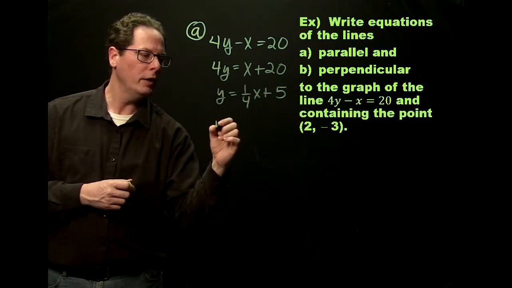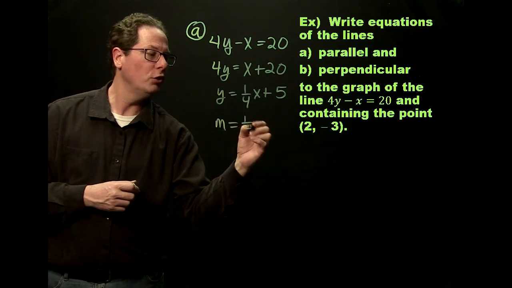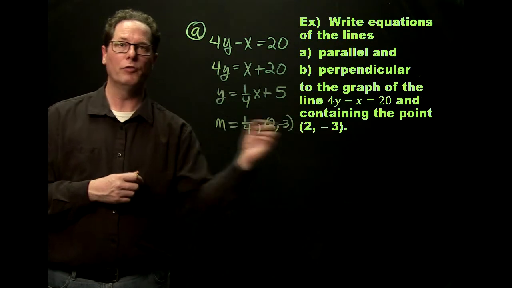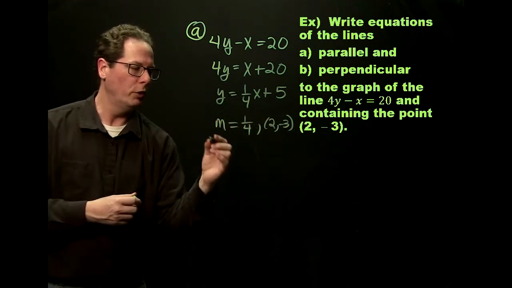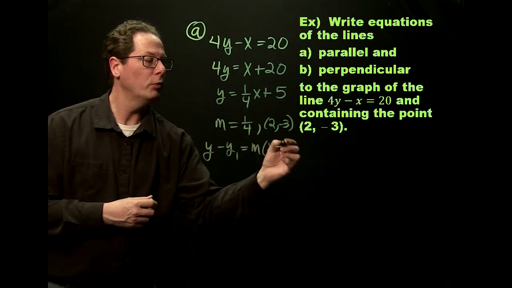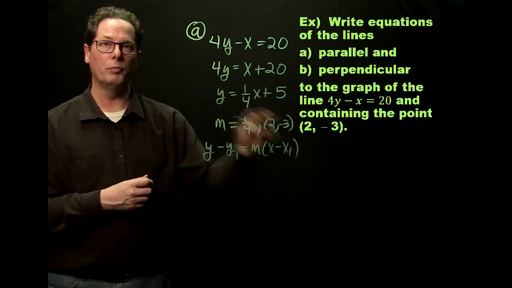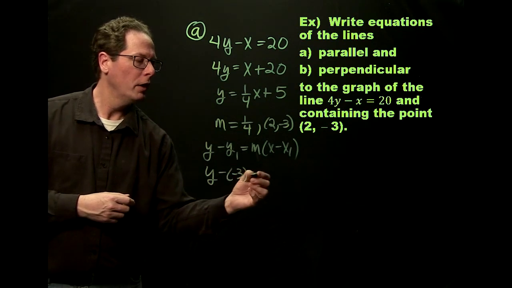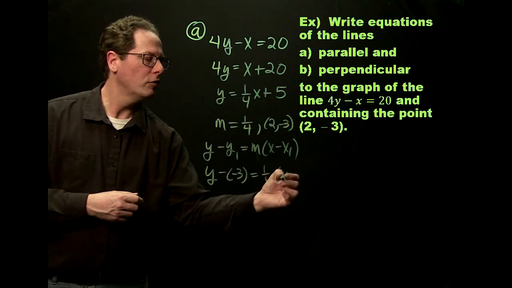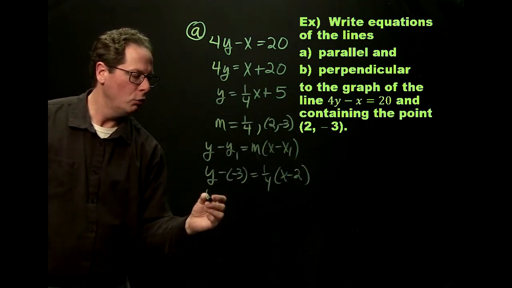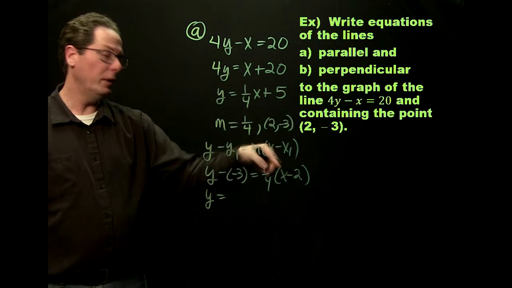So we need an equation that has slope 1/4 and passes through the point (2, minus 3). So we go back to y minus y1 equals m times x minus x1, and we plug in this particular point. So we go y minus the minus 3, our slope is 1/4, and x minus 2. A little bit of algebra will get us to slope-intercept form.